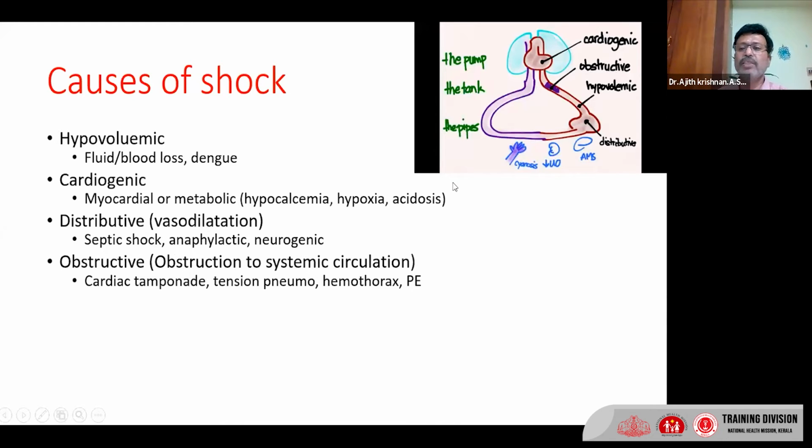That is obstruction to the systemic circulation, like cardiac tamponade, tension pneumothorax, hemothorax, and pulmonary embolism. Sometimes you may get a combination of these shocks, maybe cardiogenic and septic shock, or hypovolemic and septic shock. So you have to ask about the history and the scenario; taking a very good history and examination will tell you about the cause of the shock.